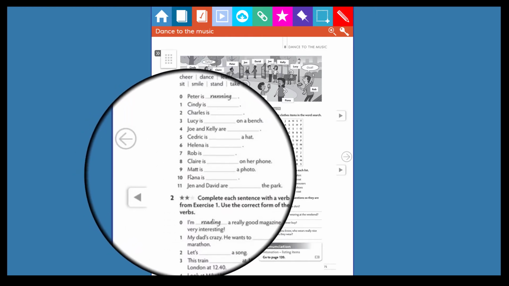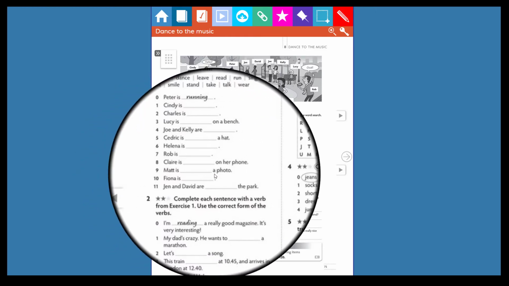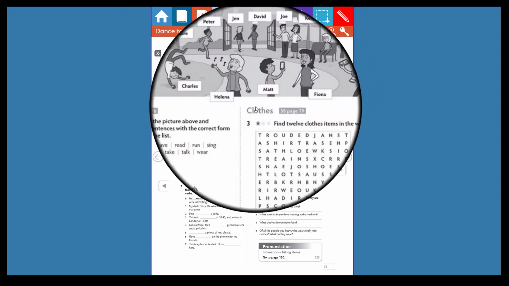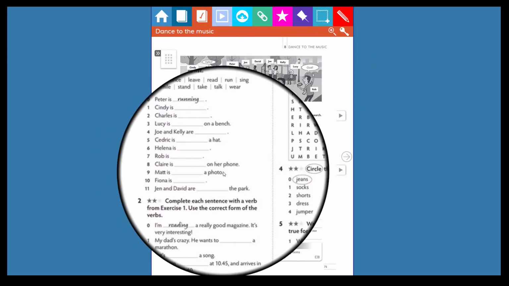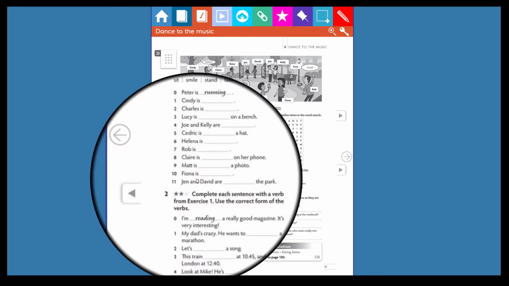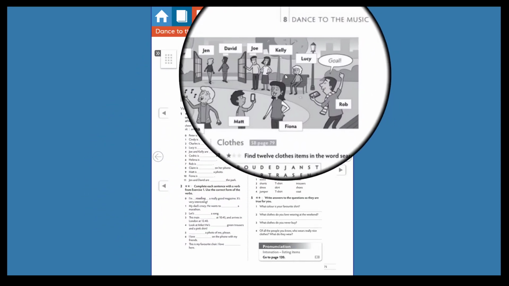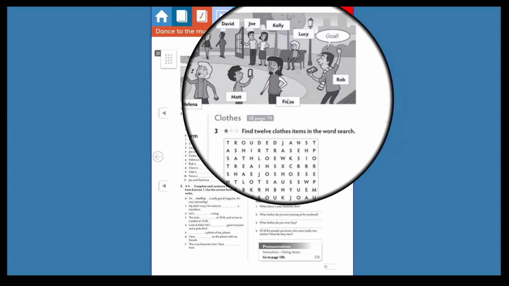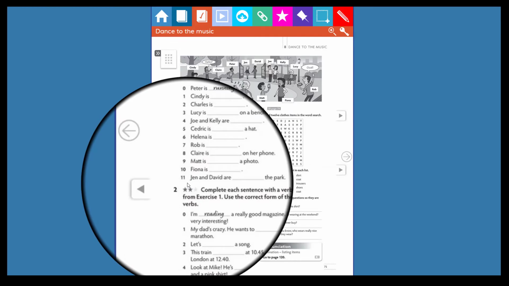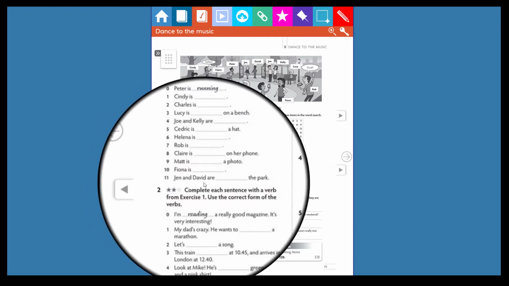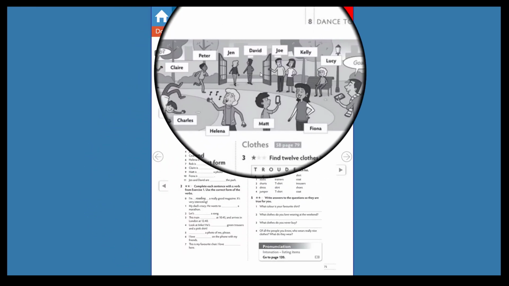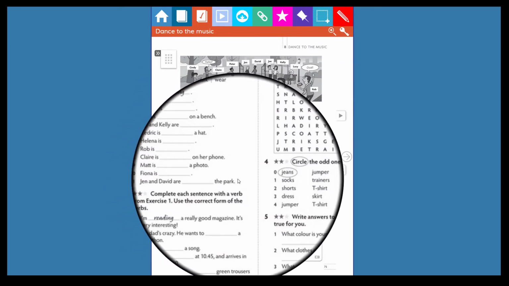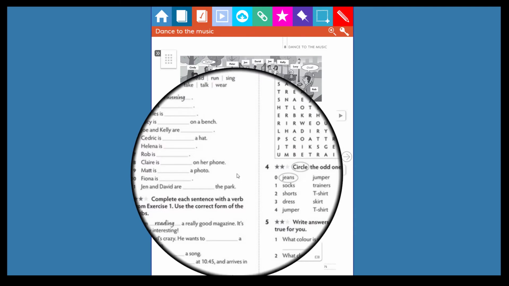Number 9. Matt is taking a photo. This is Matt, and Matt is taking a photo. Number 10. Fiona is, this is Fiona, and she is smiling. And number 11, Jen and David are, these are Jen and David, and they are leaving the park. Very good.